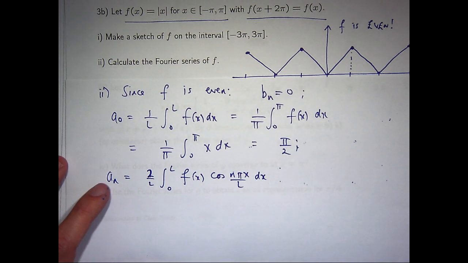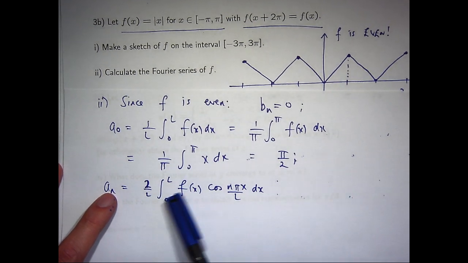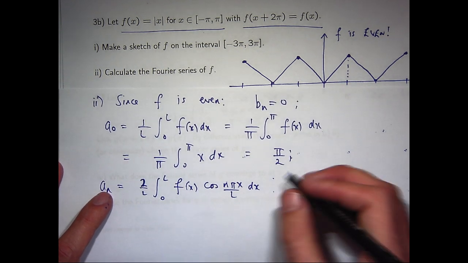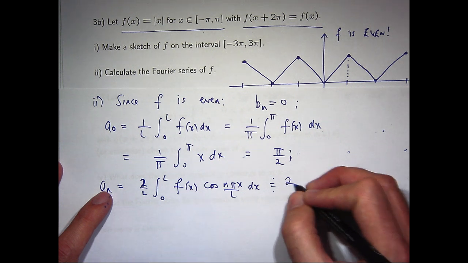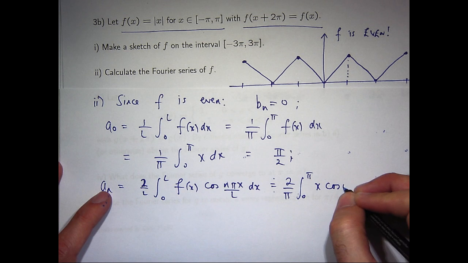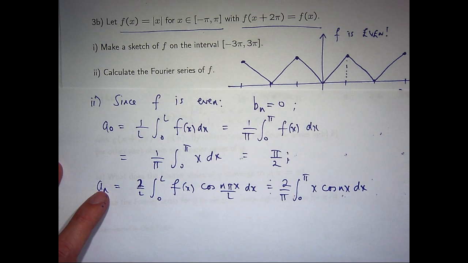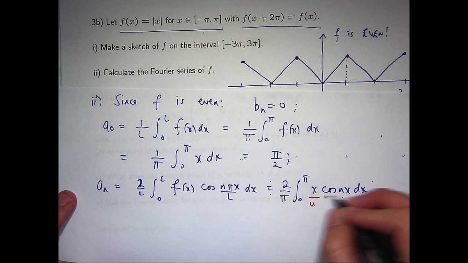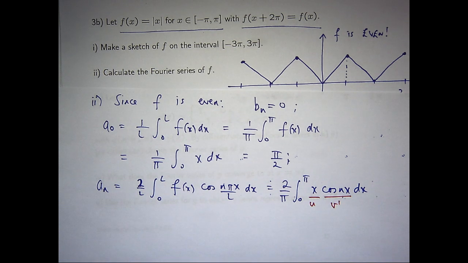If we sub in big L equals pi, and note that from 0 to pi, f of x is just the x function, then we'll get the following. We're faced with an integration, so let's integrate by parts. Let's choose u to be x and v prime to be cosine nx.